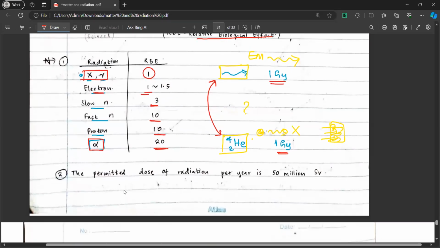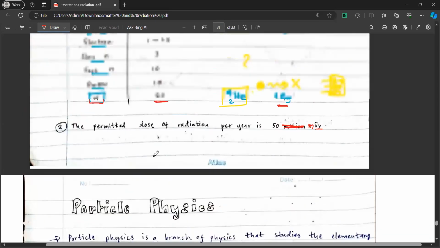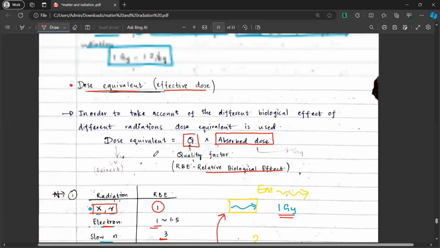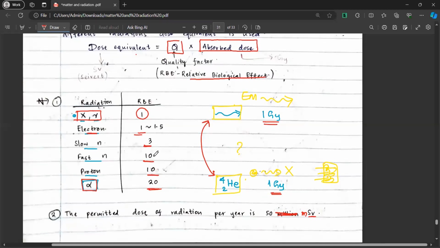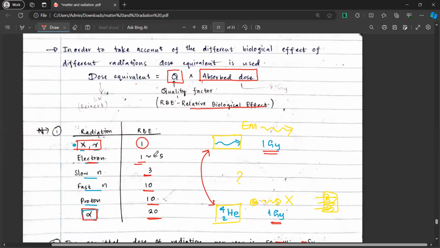And the permitted dose of radiation per year is not 50 million sieverts. It is 50 millisieverts. Okay. So it's millisievert. And this dose equivalent is measured in sieverts.